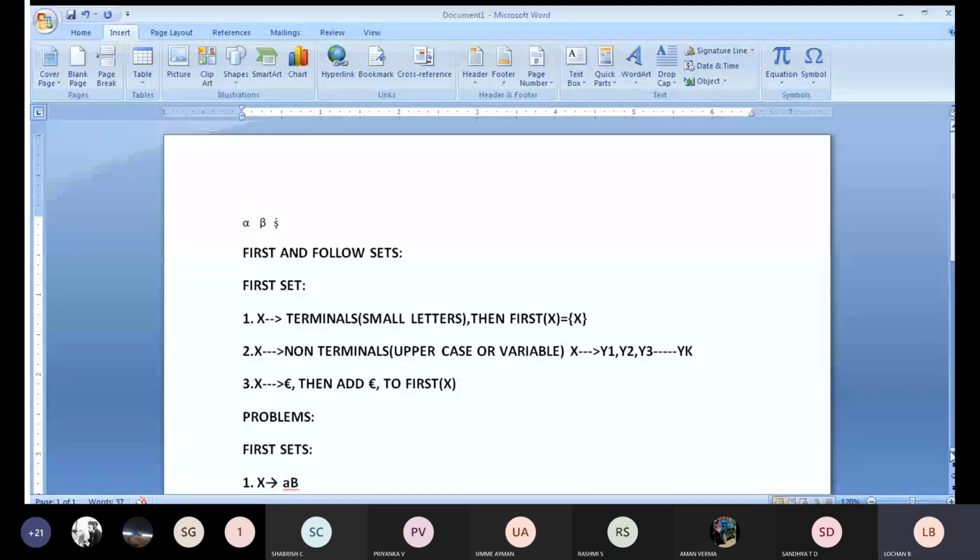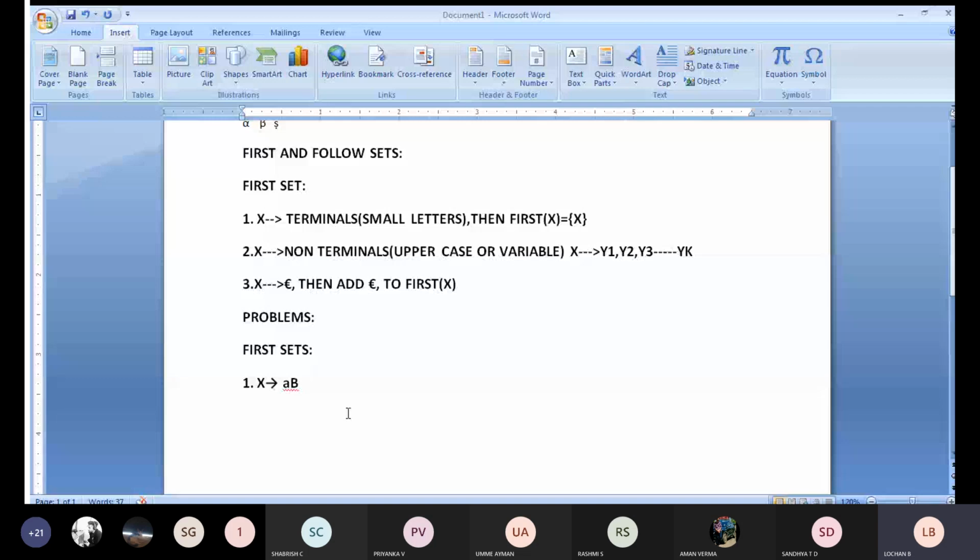So if you have completed this one, you just inform me. We will move to the solution part. Whenever I am going to solve the problem, you will understand better.